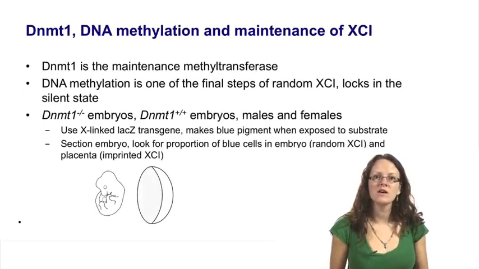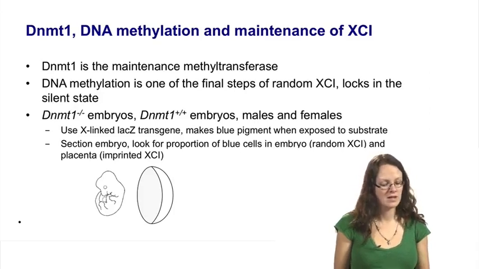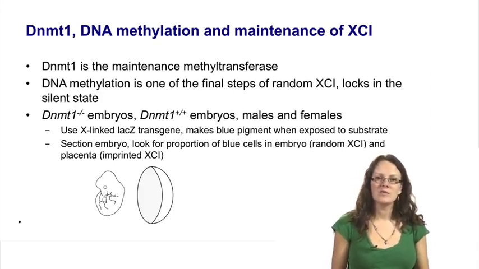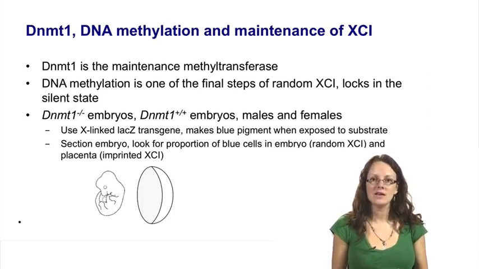So Dnmt1 is the DNA methyltransferase that we spoke about when we first thought about DNA methylation back in week 1. So it's a maintenance methyltransferase because it recognizes a hemimethylated DNA substrate. So that means that of the two strands, only one is methylated. And this hemimethylated form exists after cell division because the daughter strand hasn't yet been methylated.